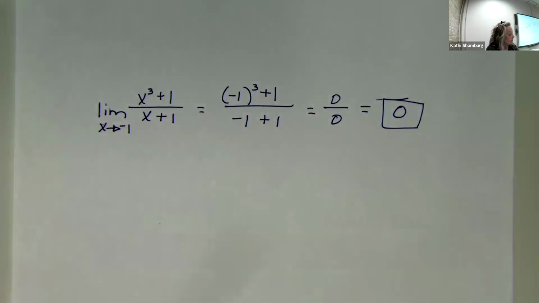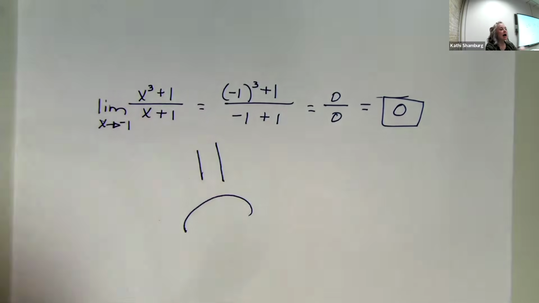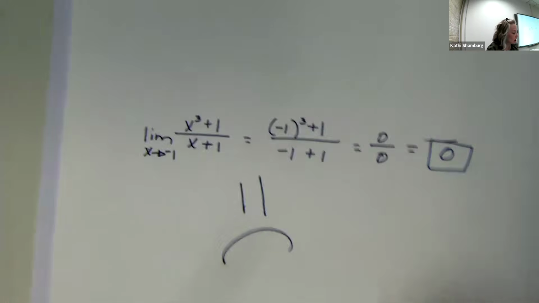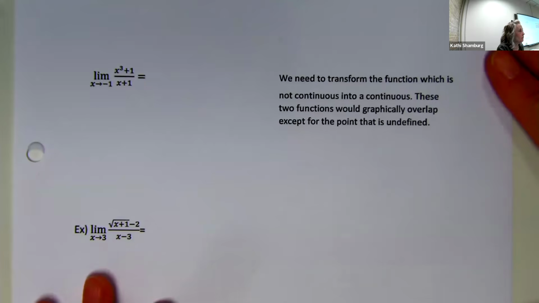And sadly, I have to count off, and if it's worth 6 or 7 points, you are already in the hole. If direct substitution causes your denominator to be 0, you cannot use direct substitution.